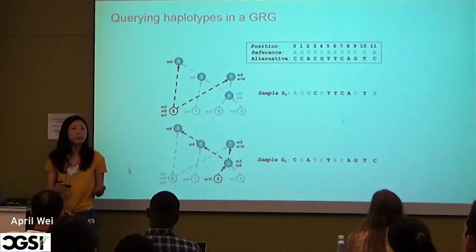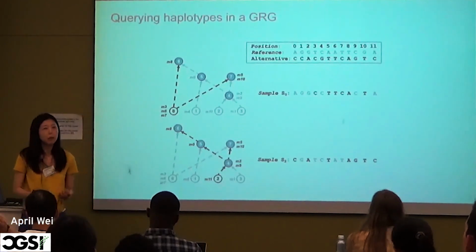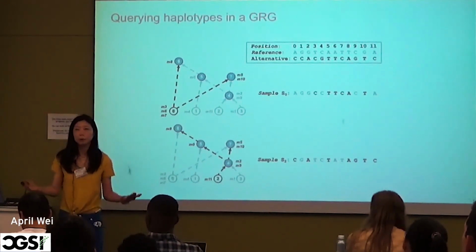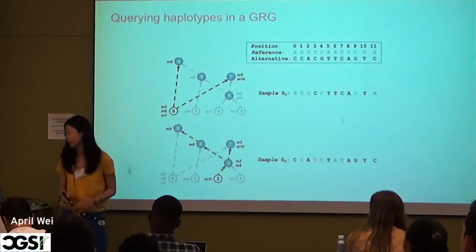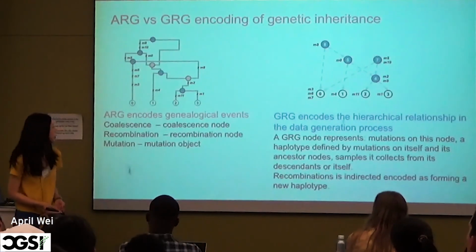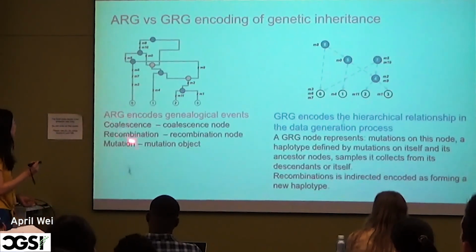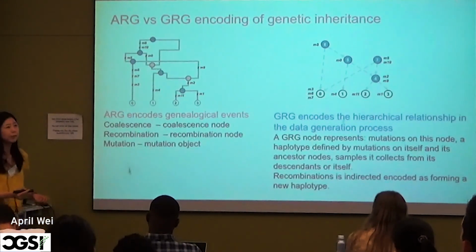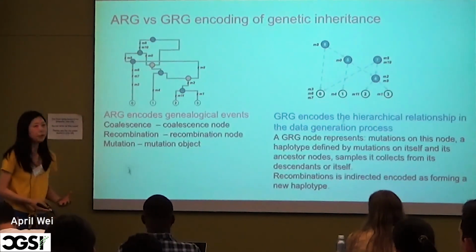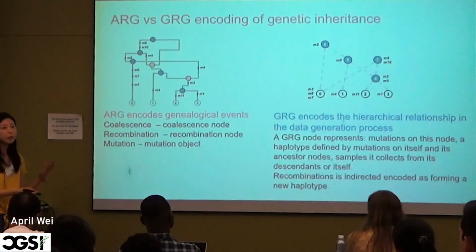So you can see that there's this symmetric relationship. If we want to extract the mutations, it's simply traversing downward. If we want to extract the haplotype, it's simply traversing upward. So what are the differences from an ARG? ARG encodes genealogical events, and these are the biological events: mutation, coalescence, recombination. You can think of them as objects.